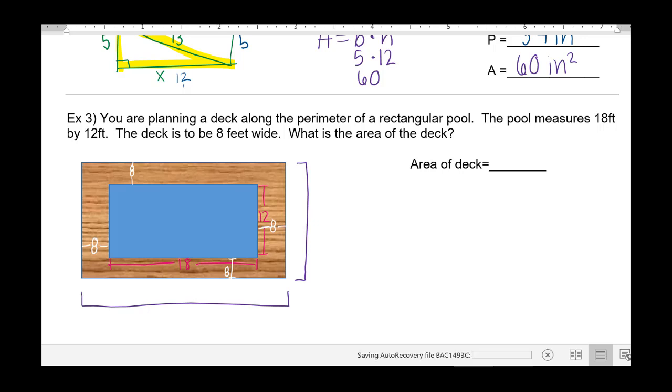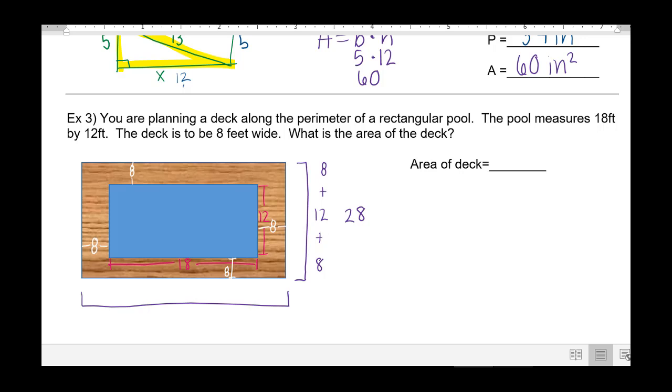So to figure out what the base and the height is of this whole figure, I'm going to start with the height. I have this measure of 12, but then additionally I have this deck on top and this deck below. So I'll take my 8 of the deck, my 12 of the pool, and then another 8 to figure out the length of that whole side.